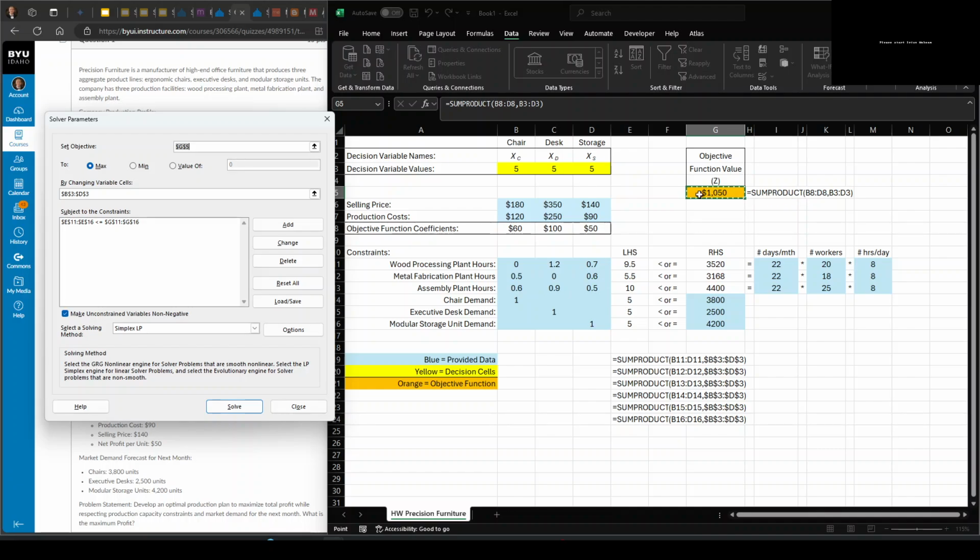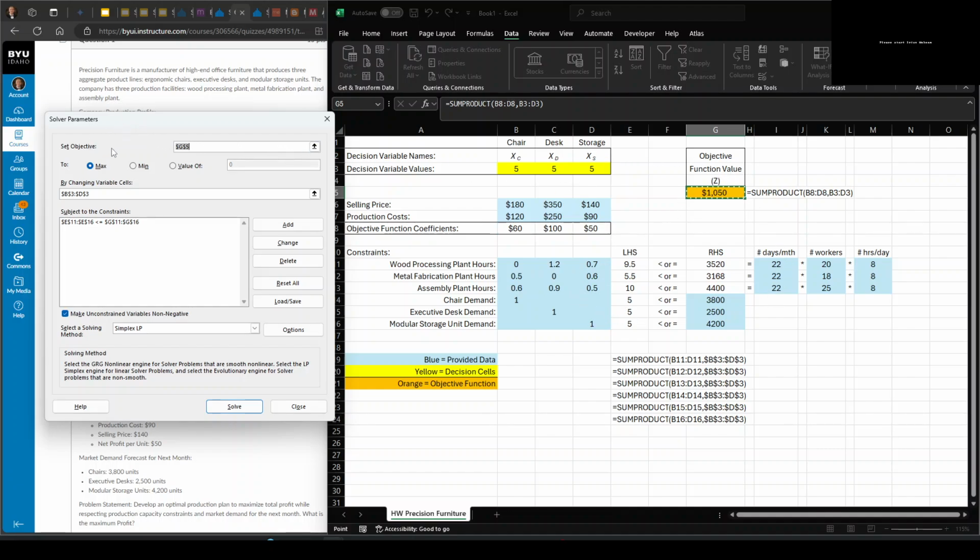Again, this is that sum product that takes however many products we make times their profit for each one and adds them together. That's the sum product. So basically we're saying right now, if we only made 5 of each, our total profit would be just over $1,000. But to use solver, we're going to maximize that, given all these constraints.